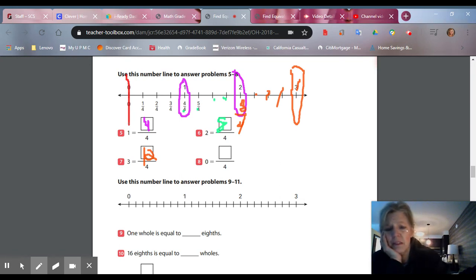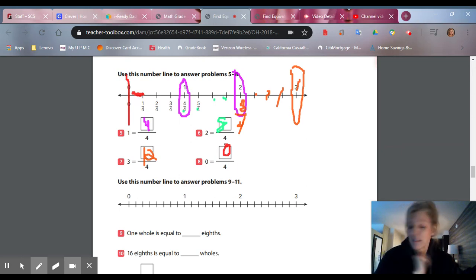Well, from 0 to here is 1/4. Are there any fourths in 0? No. 0 fourths in 0. That was a tricky question. That was something they were trying to do to trip you up. Too smart for that, though.